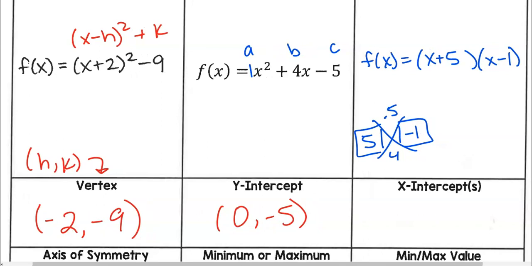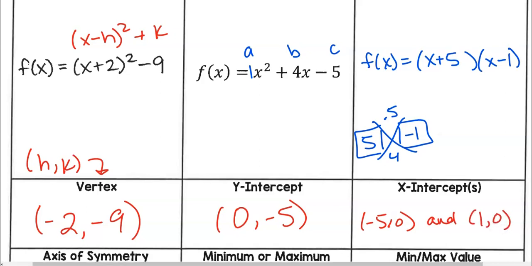Where are we going to find our x-intercepts? Under factored form. Yeah, so I have my factors. So how do I get my x-intercepts from there? Okay, so what are they going to be? It becomes -5 and +1.